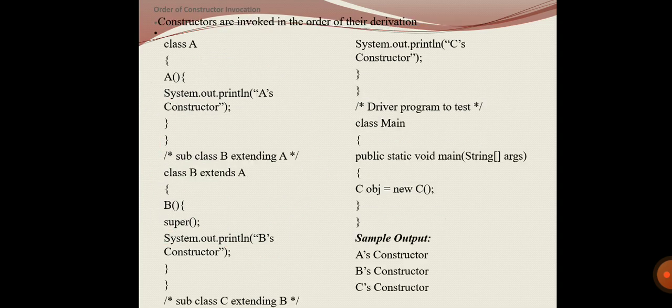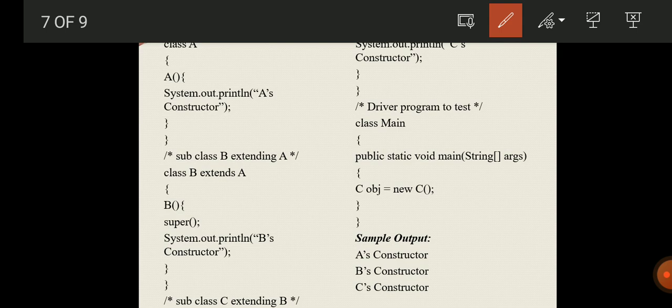Next, constructors are invoked in order of their derivation. See here the example. Class A, in which we have System.out.println for A's constructor.